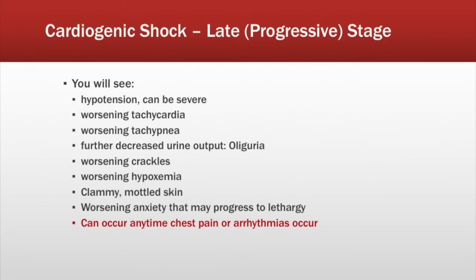Worsening crackles, worsening hypoxemia, you're going to have clammy, mottled skin, and worse anxiety that's going to progress to lethargy. This is because these patients are not only worn out from breathing, they've got a respiratory acidosis building up. They're going to have an increase in CO2 levels, which can make them lethargic in itself.